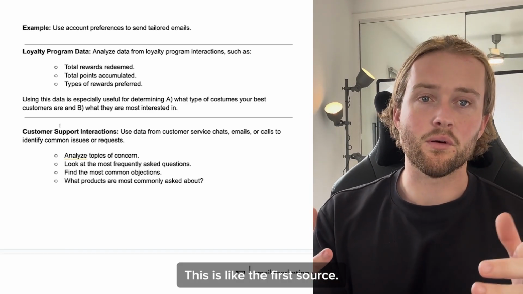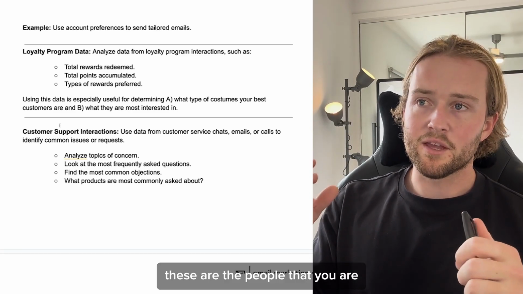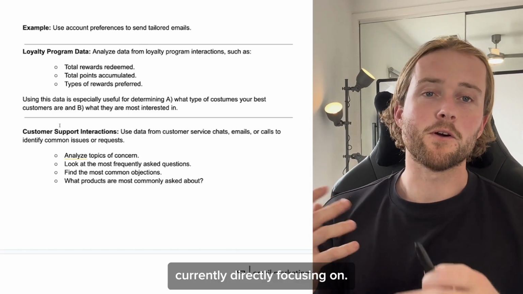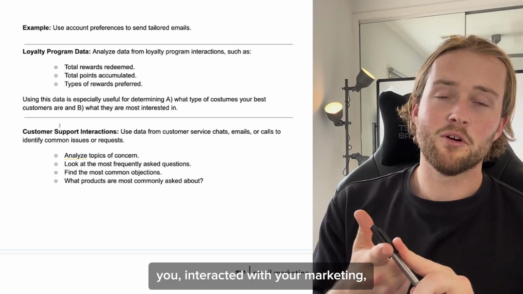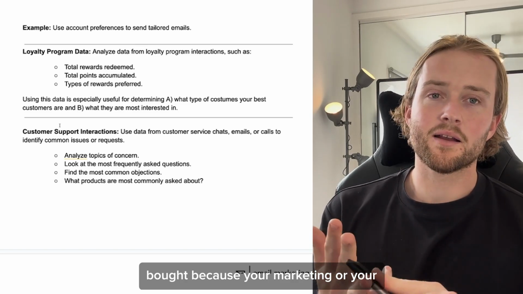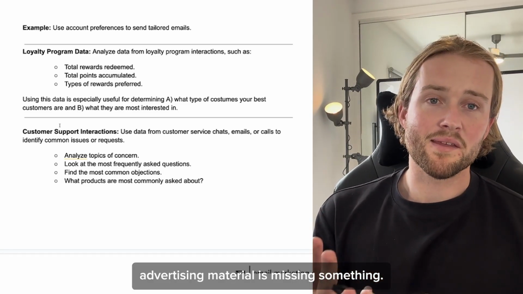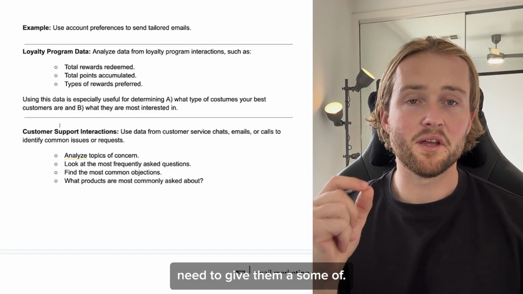This is like the first source. These are the people that you are currently directly focusing on, as in they've already been targeted by you, interacted with your marketing, landed on your website, but haven't bought because your marketing or your advertising material is missing something. And they're telling you exactly what it's missing and what you need to convince them of.